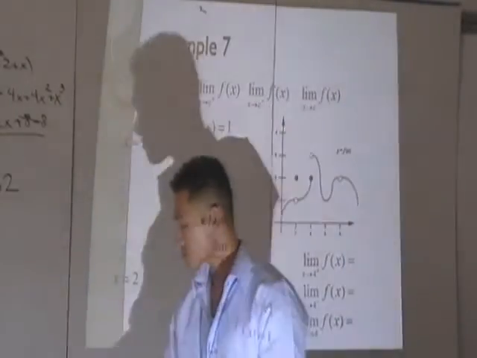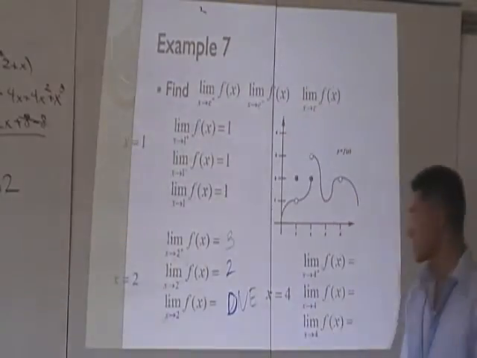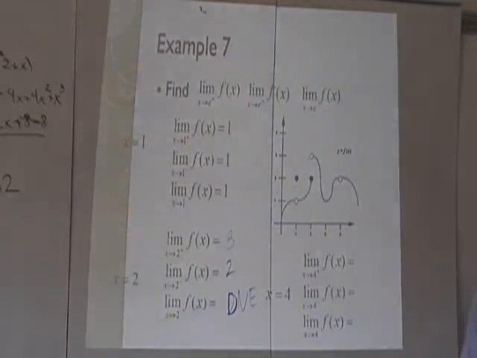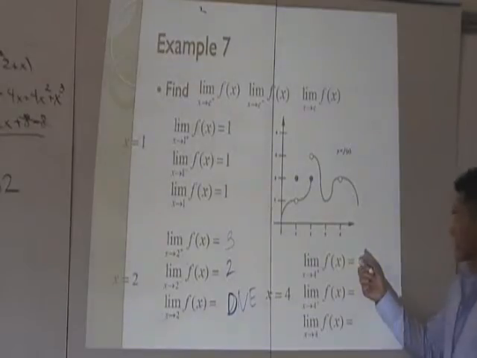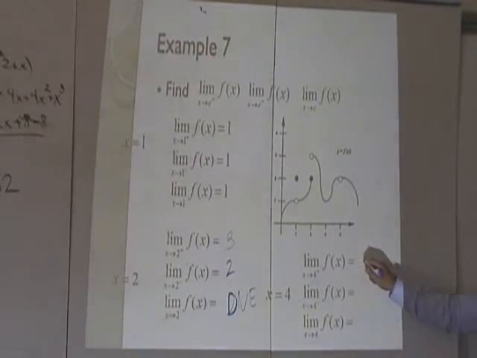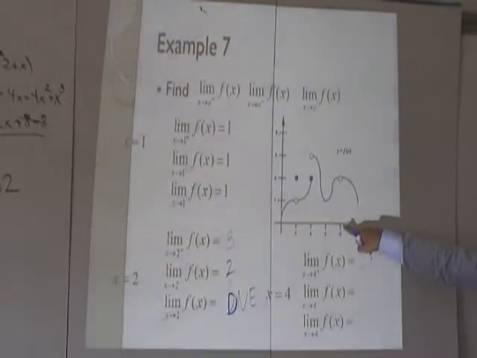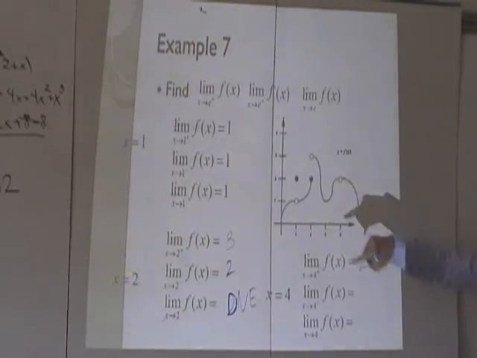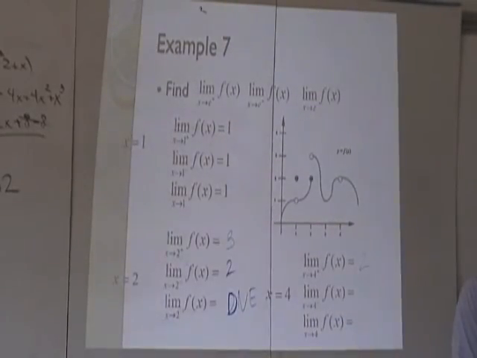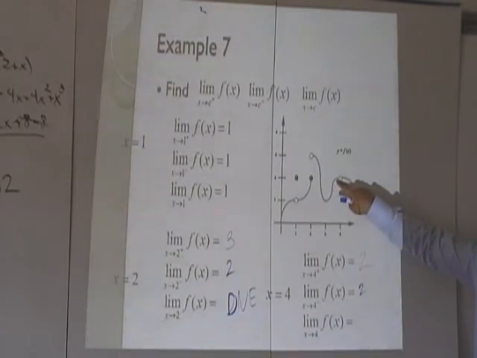Anyone still working on this? Geneva, what did you get for this first one? 2. So as x approaches 4 from the right, that's 2. Good. From the left, Aaron. 2. As x approaches 4 from the left, 2.